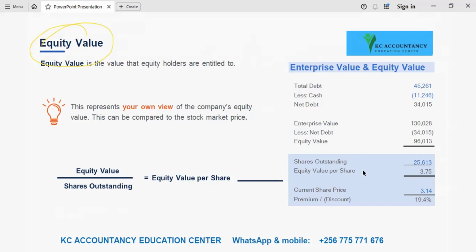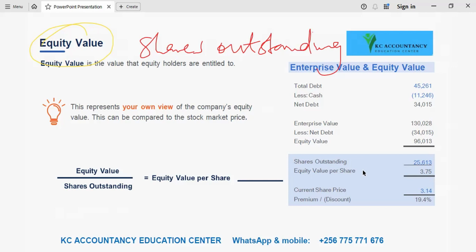Public companies can be more complex than pieces of real estate, as we've clarified earlier, in the sense that public companies have shares outstanding.